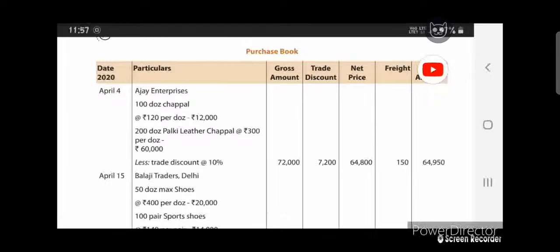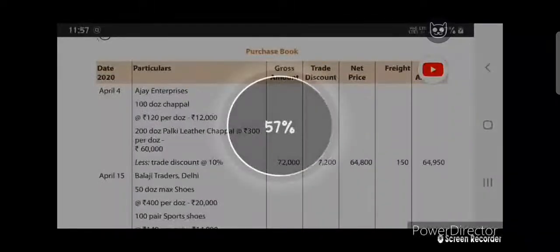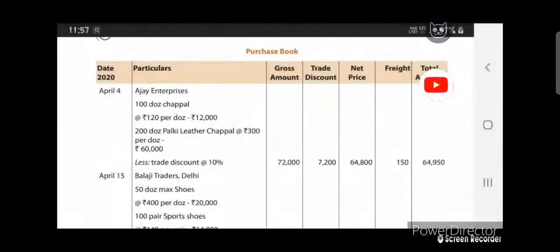Now the purchase book has the date, particulars, gross amount, trade discount, net price, freight charges, and total amount. First you have to write the date, April 4th. On April 4th you have bought products from Ajay Enterprise.